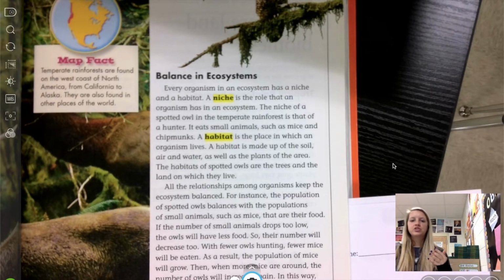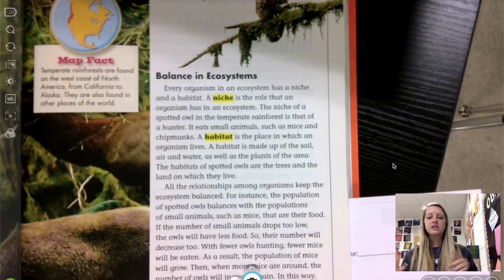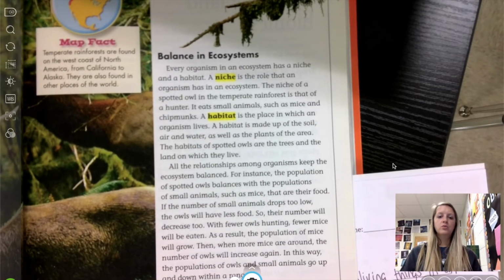All the relationships among the organisms keep the ecosystem balanced. For instance, the population of spotted owls balances with the populations of small animals, such as mice, that are their food. If the number of small animals drops too low, the owls have less food, so their number will decrease too. With fewer owls hunting, fewer mice will be eaten.